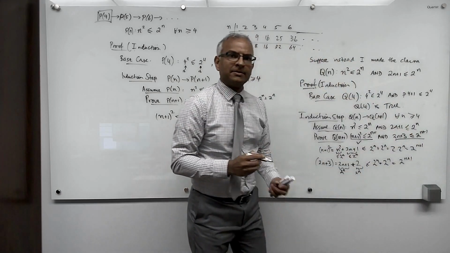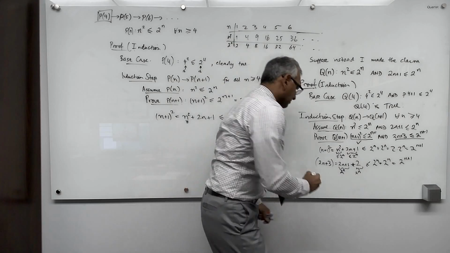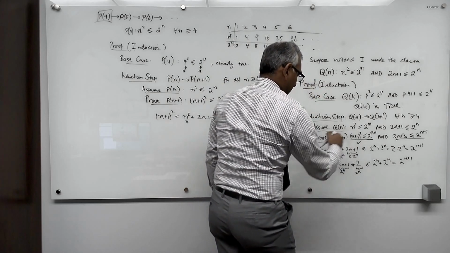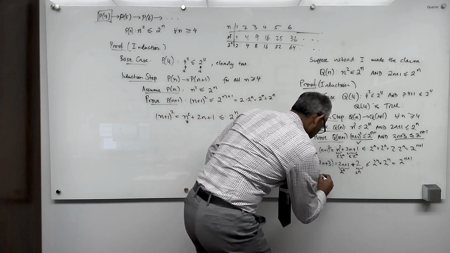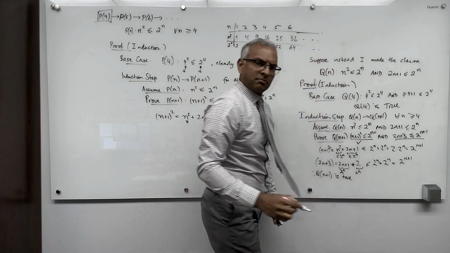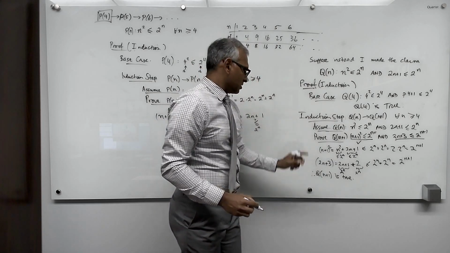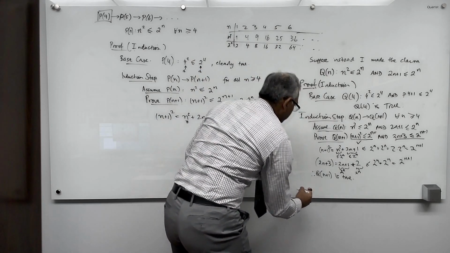So I have proved Q of n plus 1. Therefore, Q of n plus 1 is true. And that's the induction step. I proved that Q of n implies Q of n plus 1. And so by induction, I'm done.